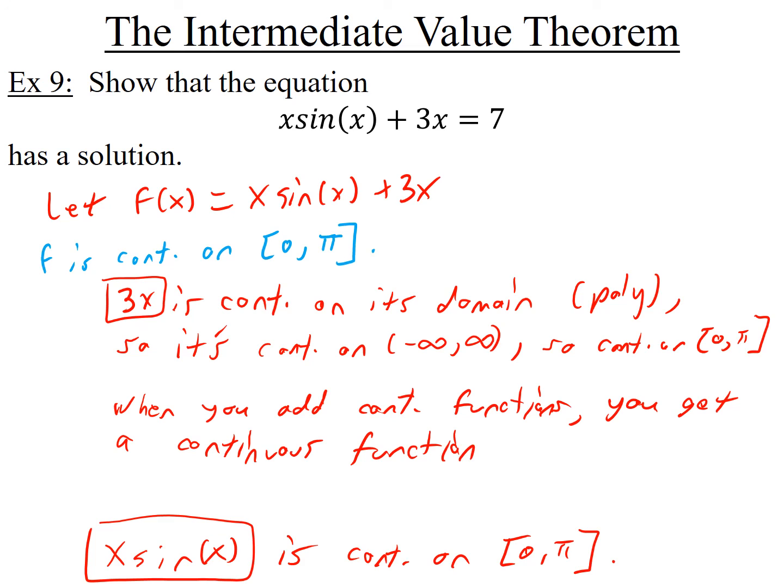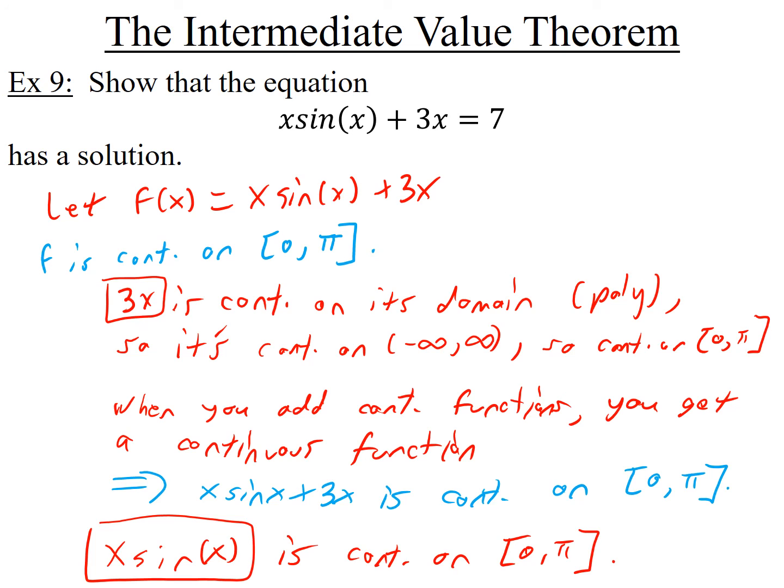And that all means that x sine x plus 3x is continuous on 0 to pi. So yeah, that was a lot of words just to convince me that one's continuous because they threw the sine in there. Be careful, be able to do that.